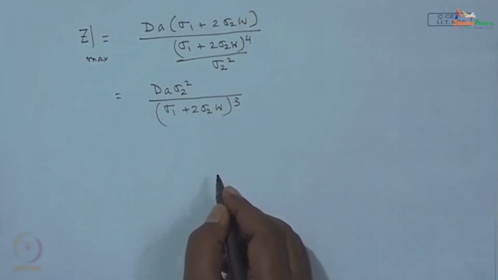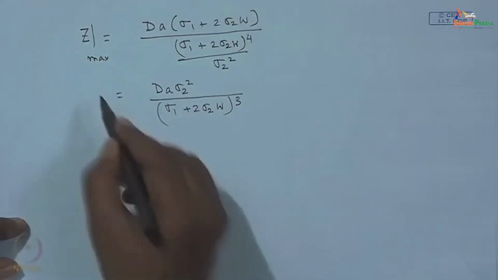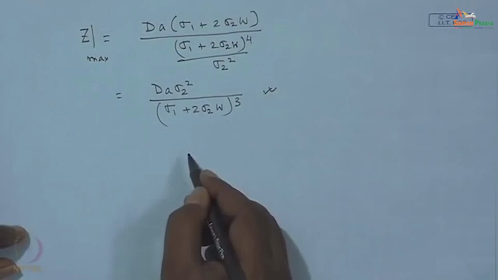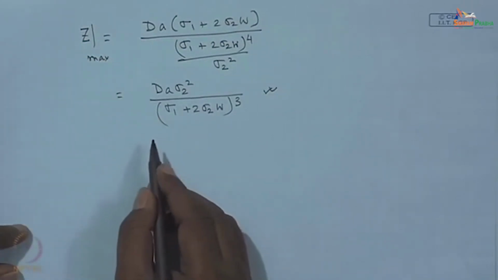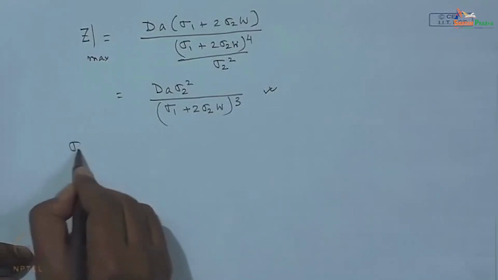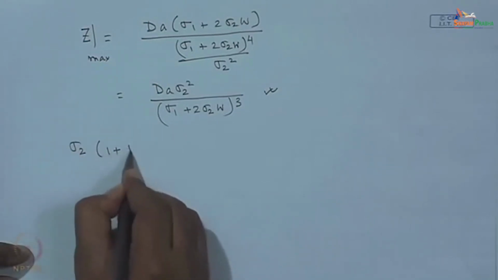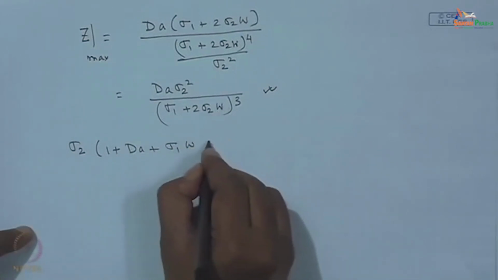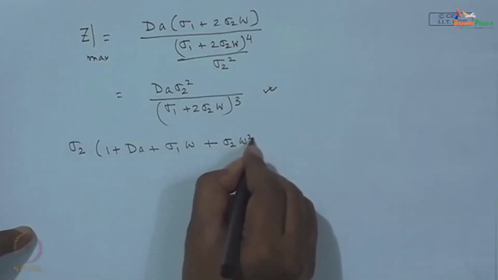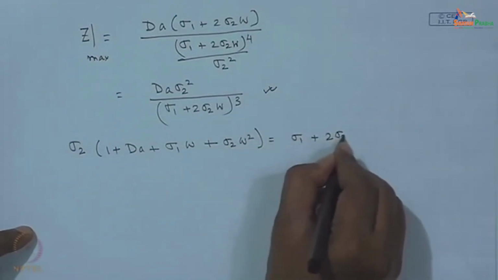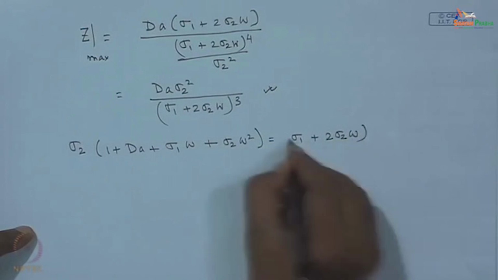Now, we are going to put the value of W, which satisfies the earlier equation, in here to get an expression of Z maximum. So, if you go back to the earlier equation, that becomes sigma 2 into 1 plus dA plus sigma 1 W plus sigma 2 W square is equal to sigma 1 plus 2 sigma 2 W square of that.